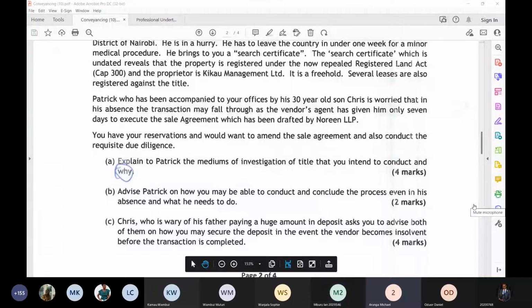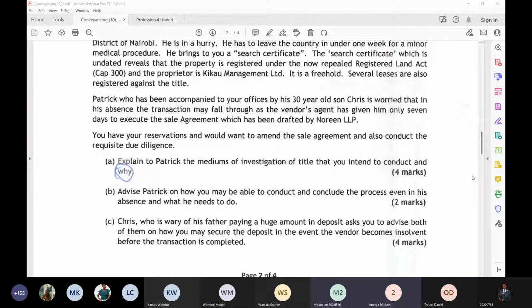Yes, please say that in the event that the deal falls through or is rescinded by either party, then the paying party, the purchaser or the purchaser's advocate, is meant to receive the money, the deposit already paid.